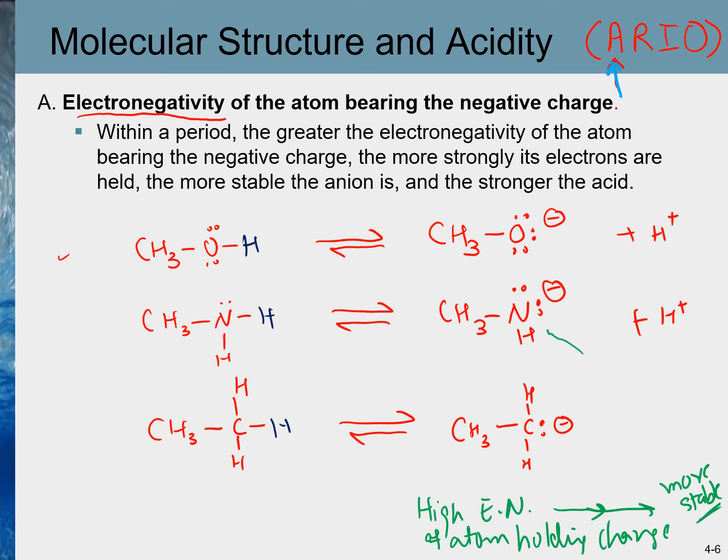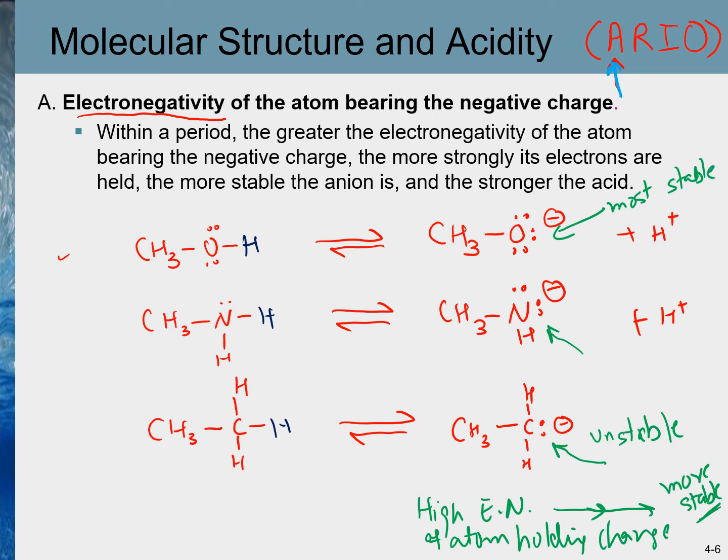Nitrogen is close behind oxygen, so it will also be relatively stable, but not as stable as oxygen. And carbon does not have high electronegativity, therefore carbon will be highly unstable. So this one will be most stable.